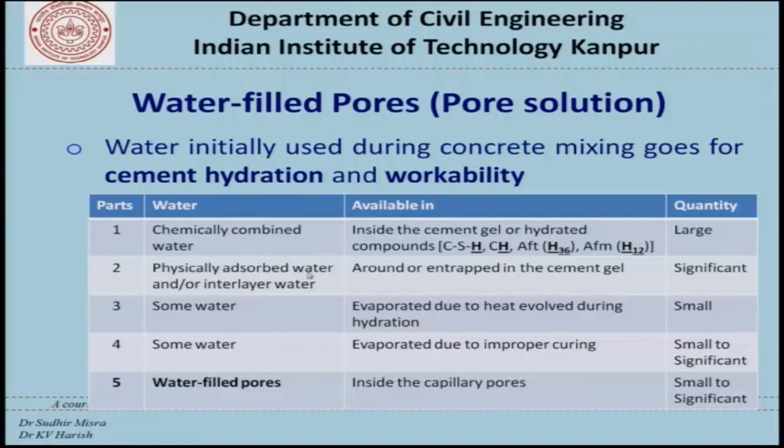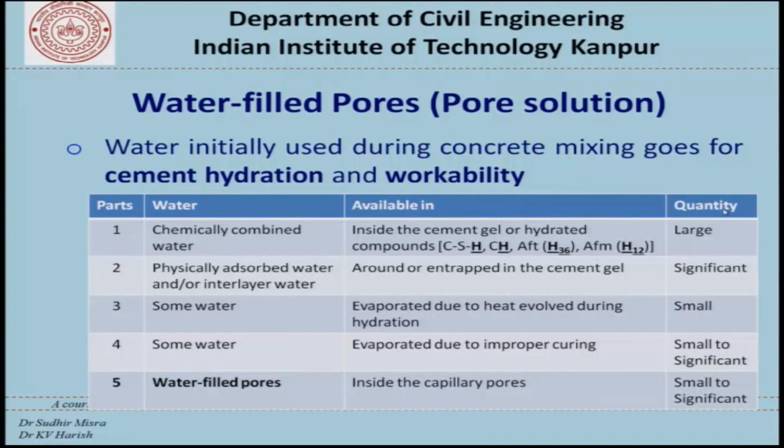In the case of physically adsorbed water or interlayer water, they are also water in the cement gel, but not in the cement gel, but around the cement gel or entrapped in the cement gel. And as I mentioned, other water gets evaporated from the heat evolved, improper curing, or is present in the capillary pores, and the water filled capillary pores are called pore solution, a very important part in the cement hydration process.